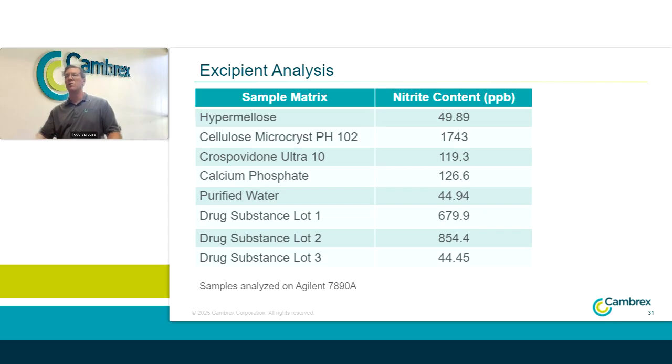And we did evaluate a drug substance where nitrite is involved in the reaction, and looking at a couple of lots, you can see that there was an adjustment for the third lot that significantly reduced the nitrite concentration. So we're working with the client to evaluate that, to remove the nitrite from the drug substance to mitigate potential nitrosamine formation.